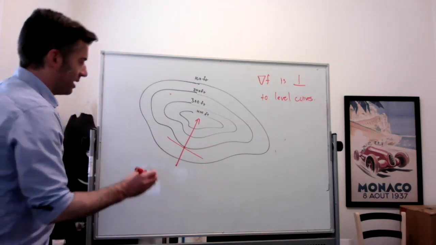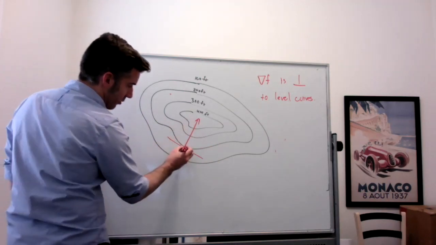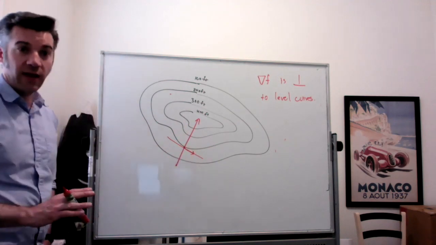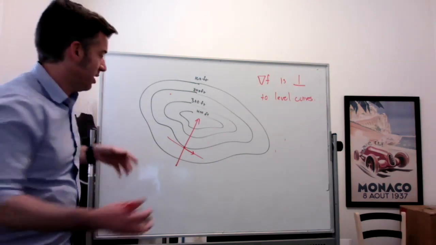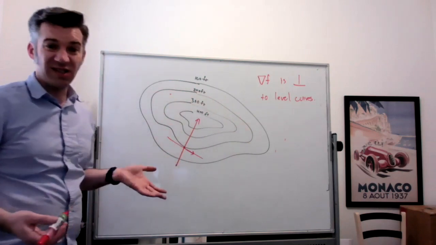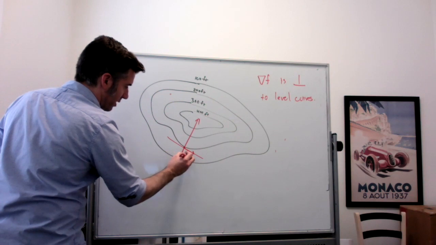So let's say we're here at this point, and instead of moving in the direction of the gradient, we want to move along this tangent line, right? If you move along the level curve, what happens to your elevation? If I'm on this curve the whole time, the elevation doesn't change. So this is my direction vector v.